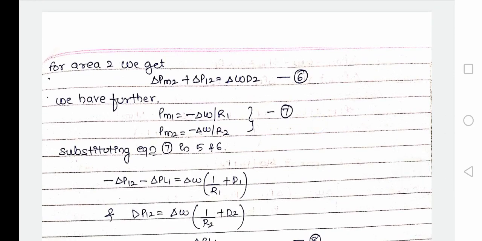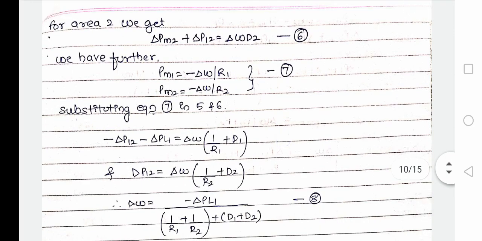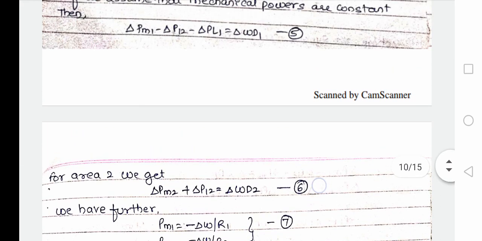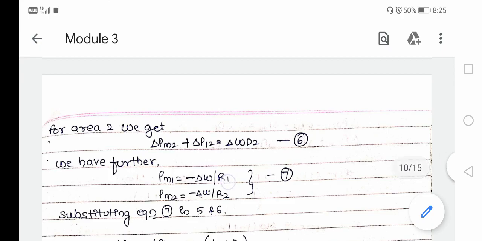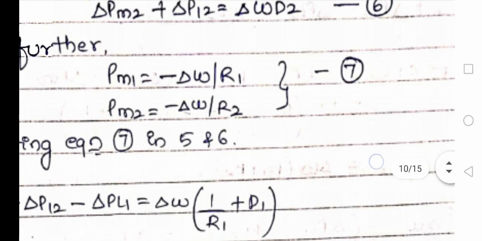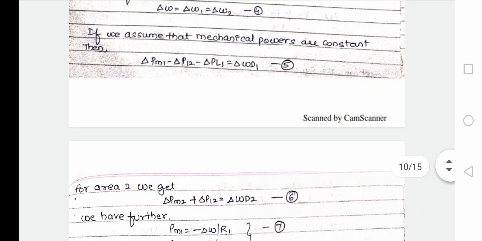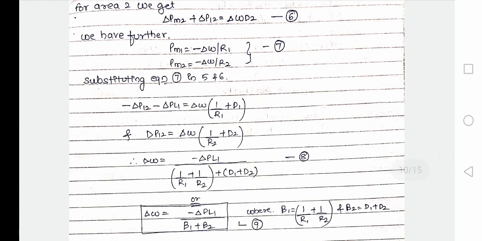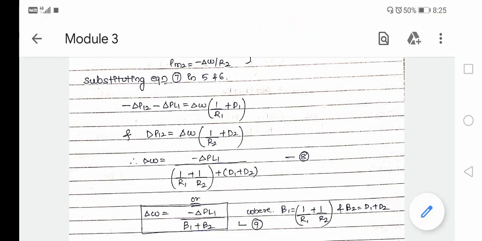So delta omega you take as common, so it will be 1 divided by R1 plus D1. Because R1 is in the denominator, D1 will be there with respect to this. So it will be for equation number 5.